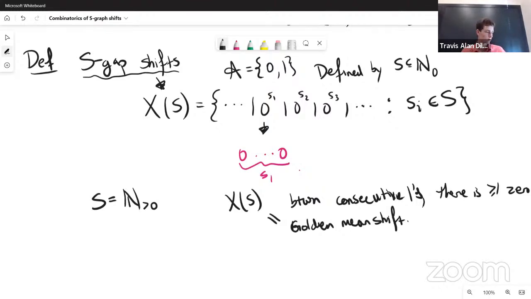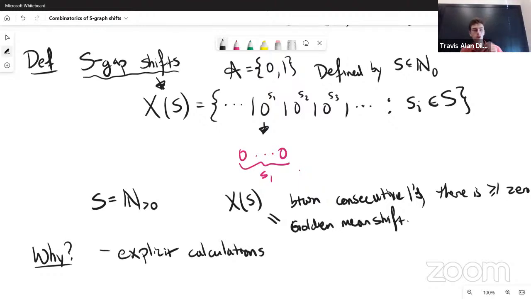And so I'll mention why anyone really cares about this. Certainly you can define it, but why? There are several reasons. One of them is that S-gap shifts are really nice for explicit calculations. It turns out you can do a lot with them. You can study their dynamical properties, their more combinatorial properties, and you can think about how they relate to coding and some other things really explicitly.